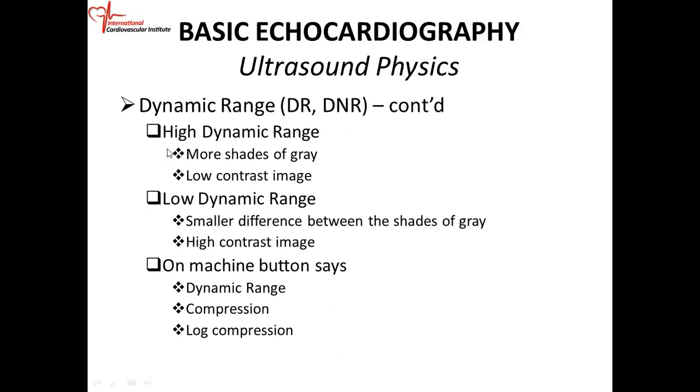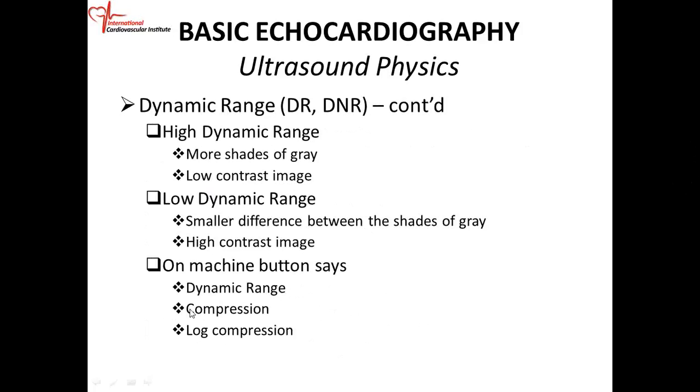So when you talk about a high dynamic range, you have more shades of gray, and you have a low contrast image. A low dynamic range has a smaller difference between the shades of gray, giving a high contrast image. So on the machine button, you're going to have the dynamic range. It can be compression or log compression. All of these things mean the same thing on the machine.